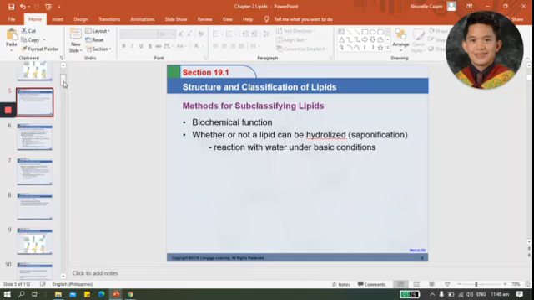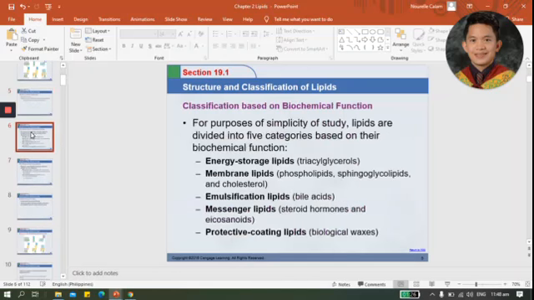Okay, so let's discuss the classification of lipids based on biochemical function. This is of course our first mode of classifying lipids. Based on the biochemical function that they perform, we categorize lipids into five: energy storage lipids, membrane lipids, emulsification lipids, messenger lipids, and protective coating lipids.